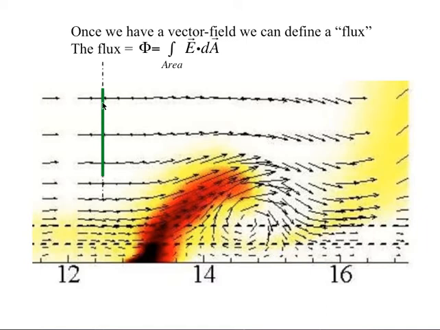The surface of the area right now is a vertical plane away from us, and perpendicular to that is a direction to the right. So dA points to the right.